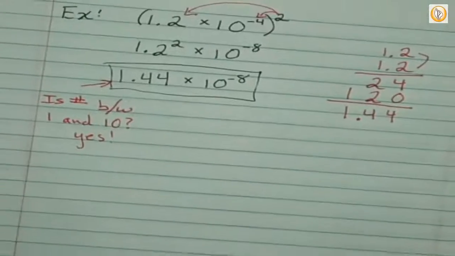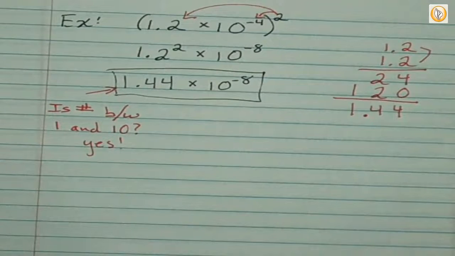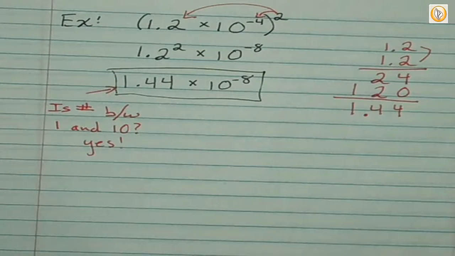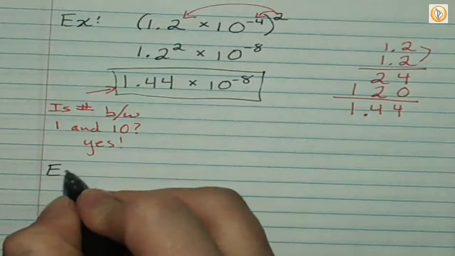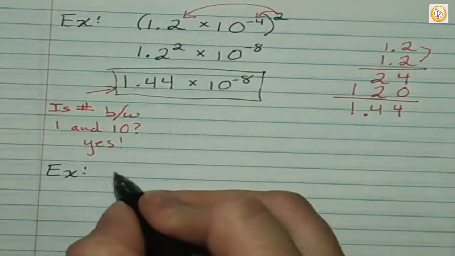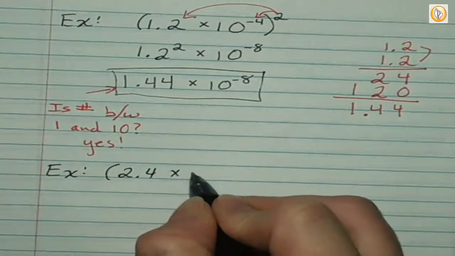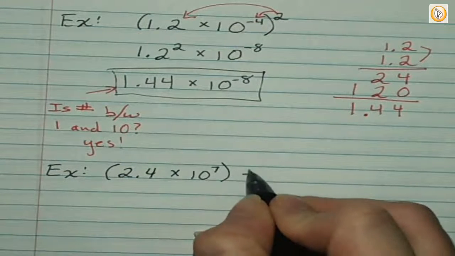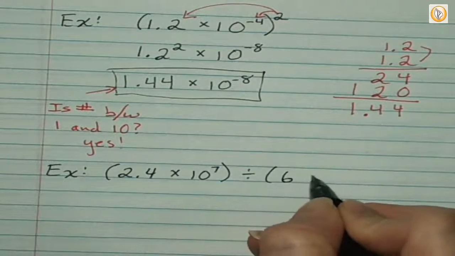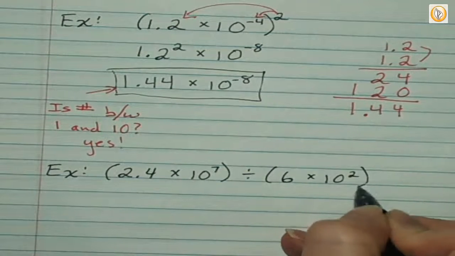How's that? Y'all figured out multiplication now? Okay, good. Let's do some division. Example: 2.4 times 10 to the 7th power divided by 6 times 10 to the 2nd power.